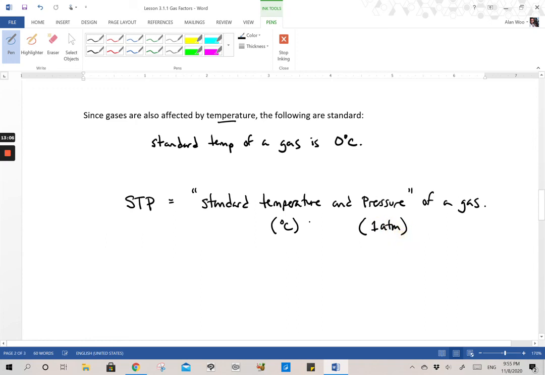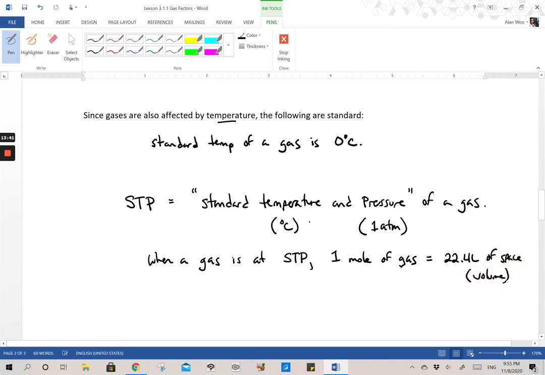Okay, so when a gas is at standard temperature and pressure, so when a gas is at STP, 1 mole of gas equals 22.4 liters of space, which is what we call volume.